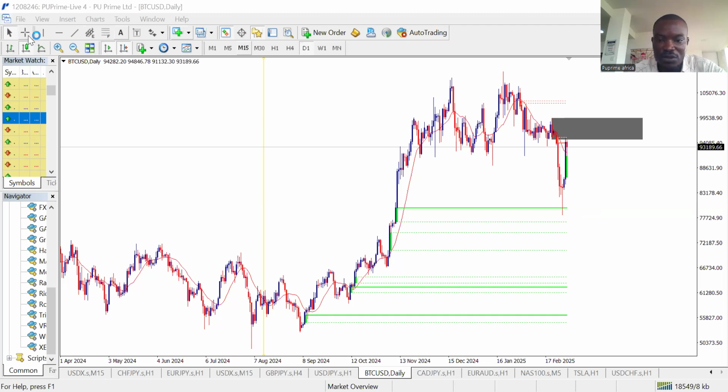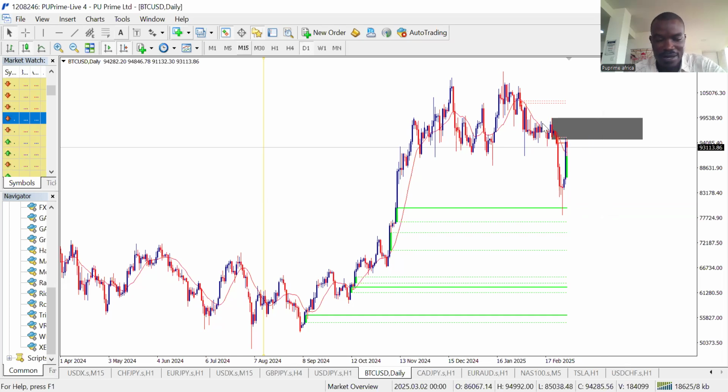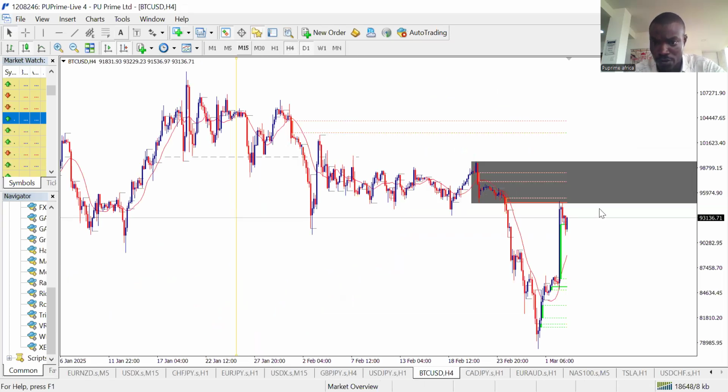Like I said, I was looking towards 78,000, and this had a positive impact on Bitcoin. But as it is now, Bitcoin is already on a very strong resistance zone, which we need more push to break, right? So before this is broken, probably we could have a retracement or another fundamental that can push BTC up to the upside.